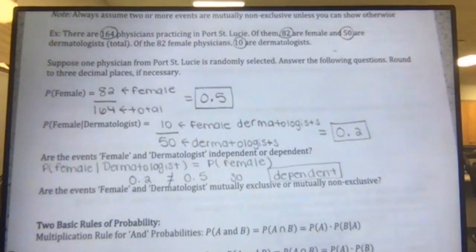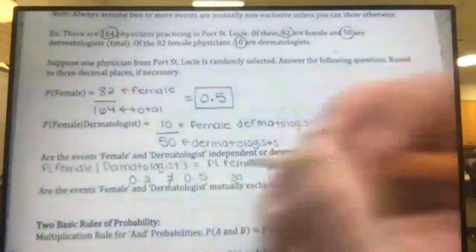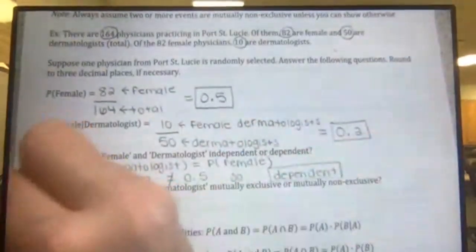Last, it says, are the events female and dermatologist mutually exclusive or mutually non-exclusive? Could there be a female dermatologist? Yeah. So they can happen at the same time.